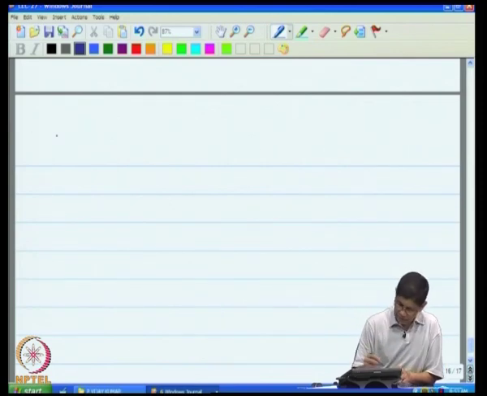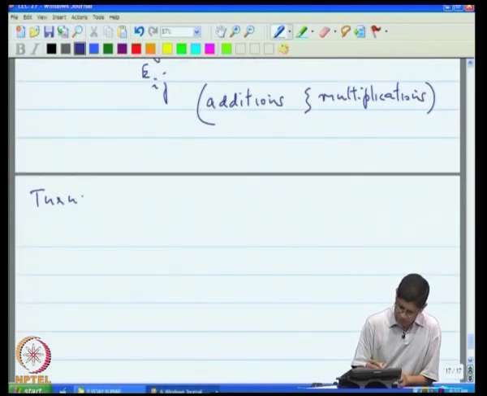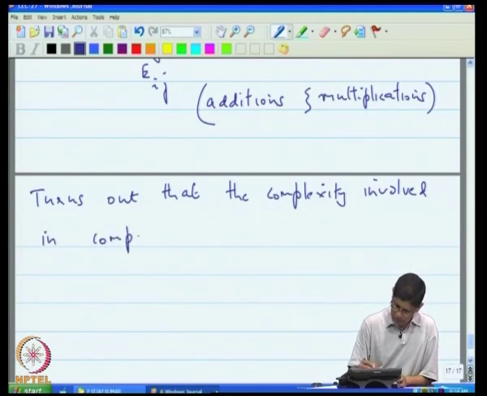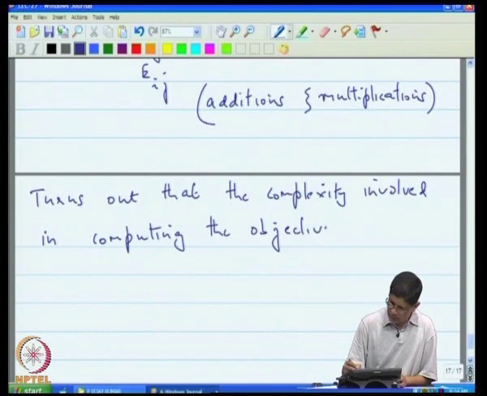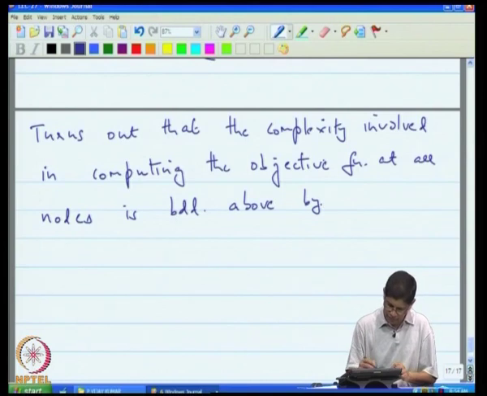It turns out that the complexity involved in computing the objective function at all nodes is bounded above by 4 times the single vertex complexity.